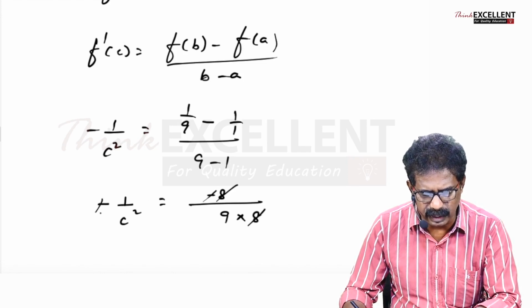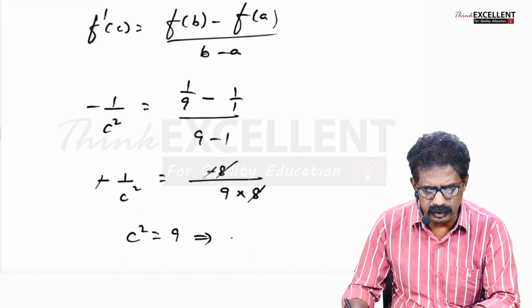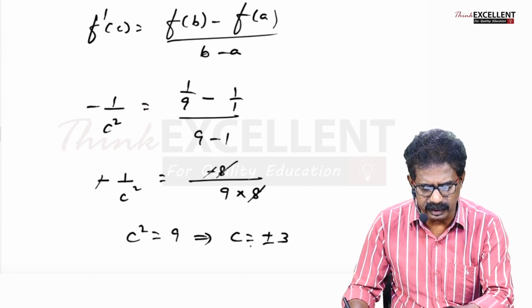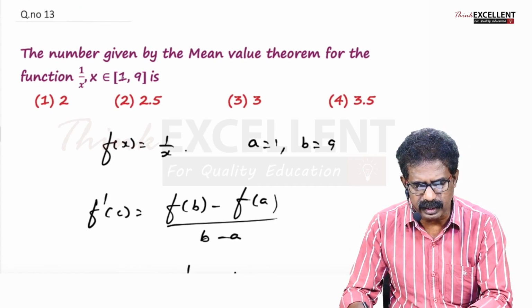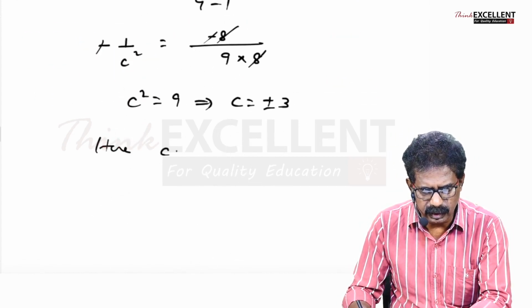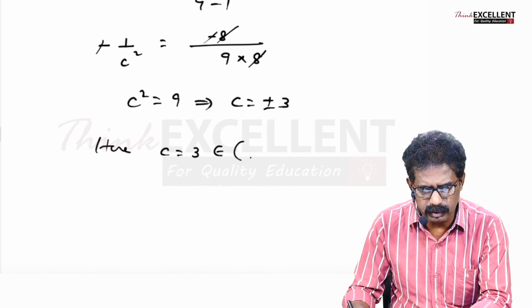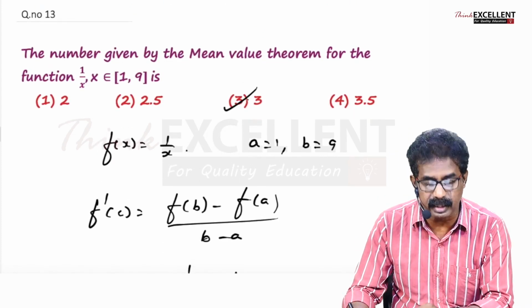Minus and minus you cancel. Cross multiply, c square is equal to 9. So c equal to plus or minus 3, right? Minus 3 you cannot take, that is not in the interval. So c equal to 3, that belongs to the open interval 1, 9. The value which lies in that interval, that alone you should take.